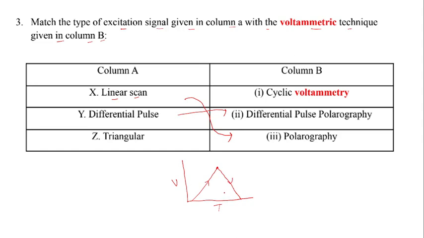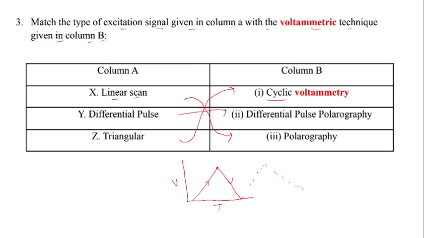That's why it is known as triangular, or cyclic voltammetry. Why cyclic? You increase voltage, decrease voltage, then again increase and decrease, so the cycle continues.